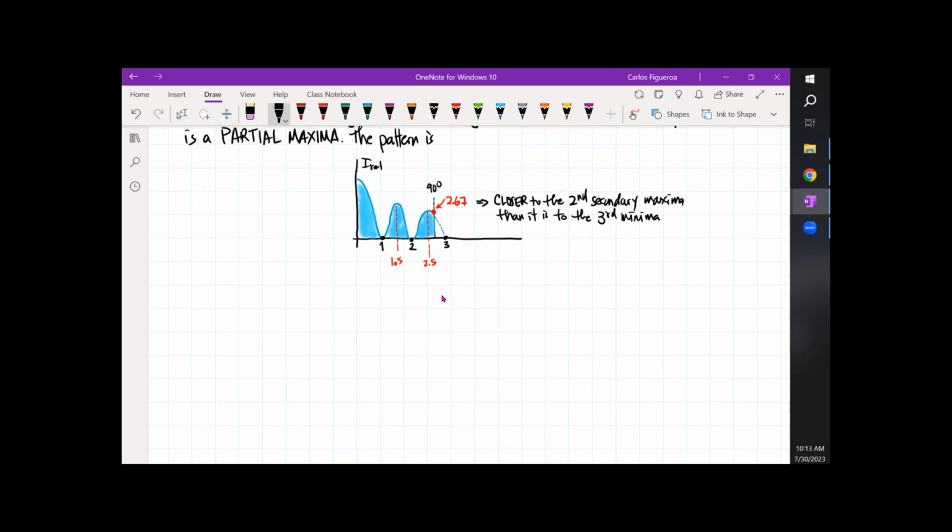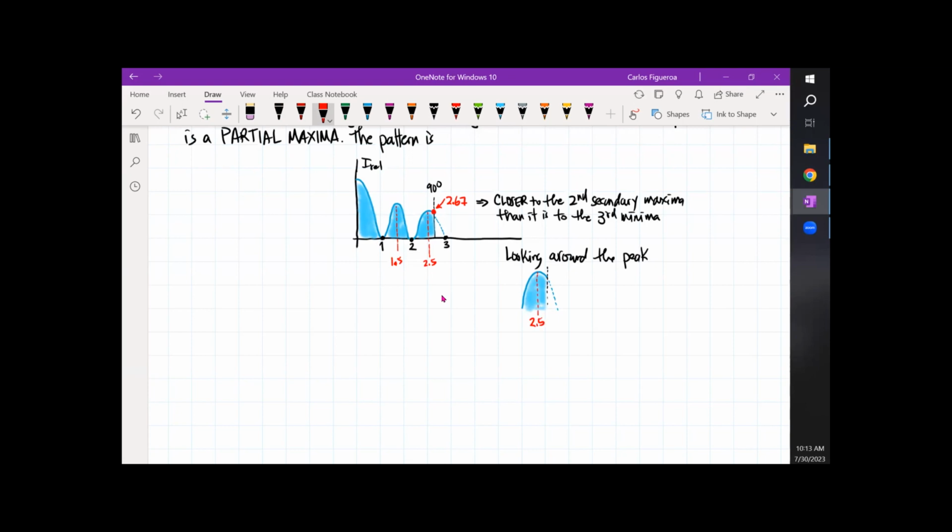So if you look at just the peak, looking around the peak, here's what we see. When you're looking at the peak, it looks something like this. Again, if you look at this point right here, that's 2.5.